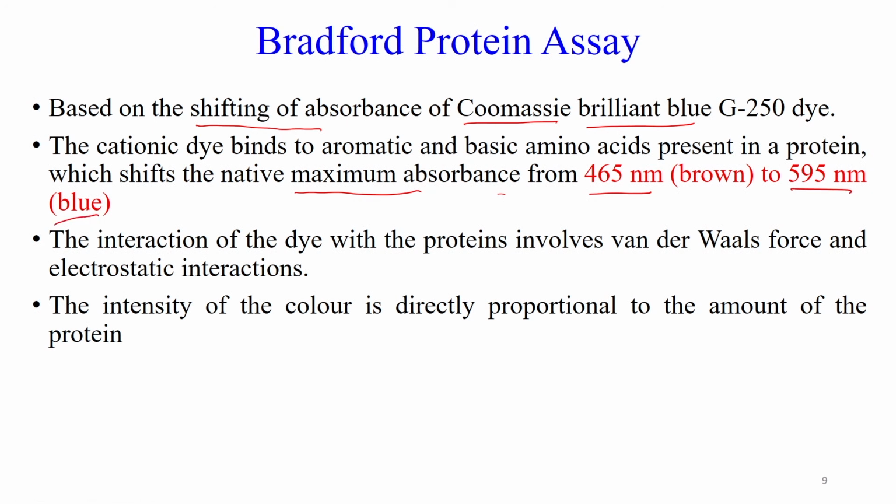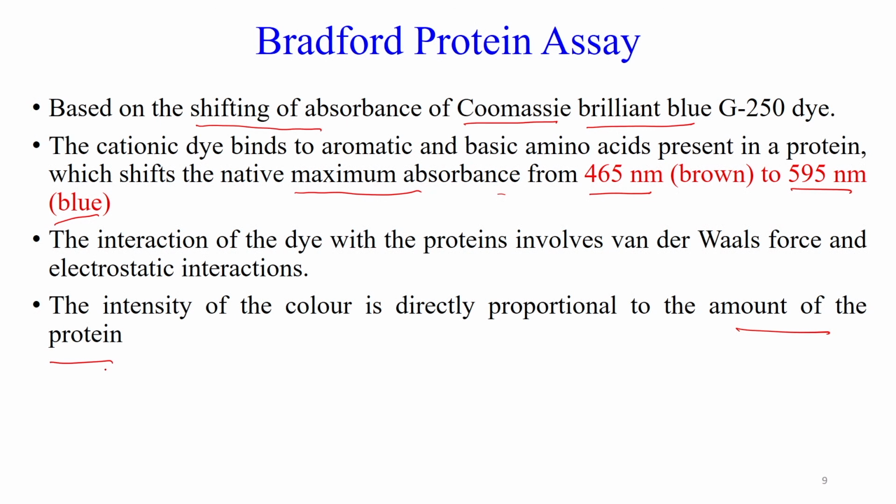So, here the protein is directly binding to the dye molecule, and then there is a change in the absorbance from 465 to 595 nanometer, and as I told, this shift of absorbance or intensity is directly proportional to the amount of the protein.